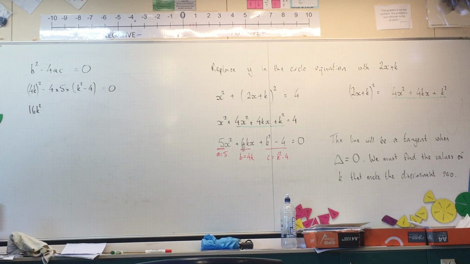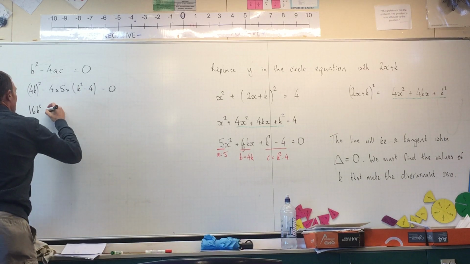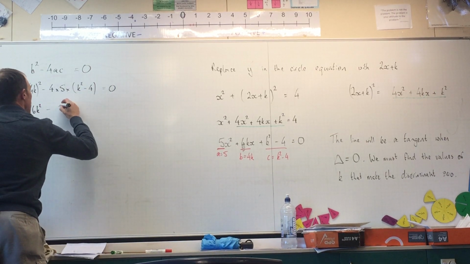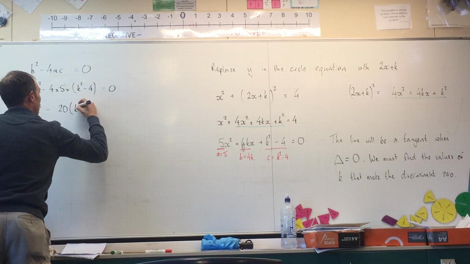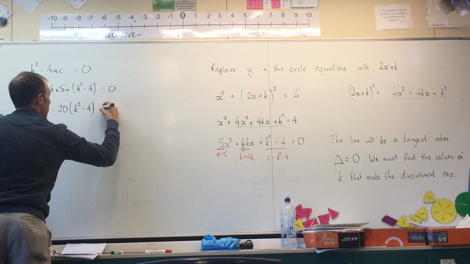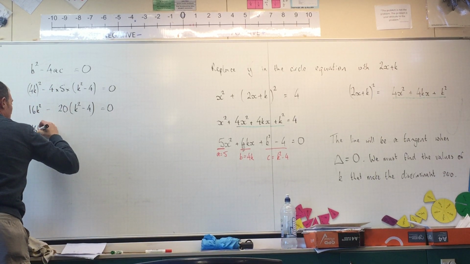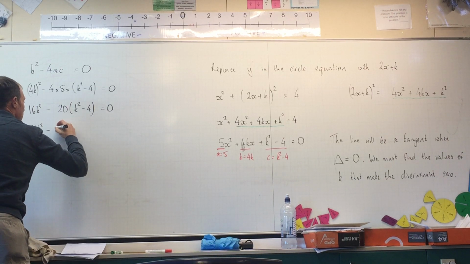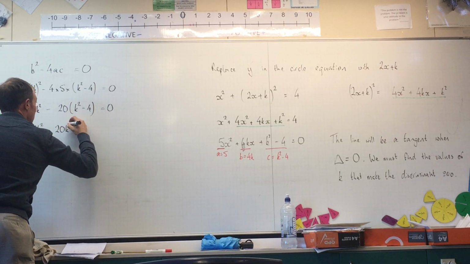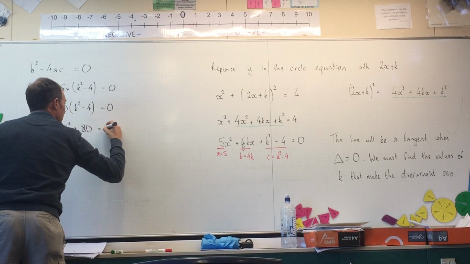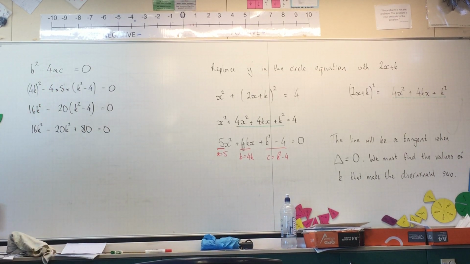Okay, 16k squared minus, I'm going to do this in 2 steps because again it's easy to get that wrong. 20 brackets k squared minus 4 equals 0. So we've got 16k squared minus 20k squared plus 80 equals 0.